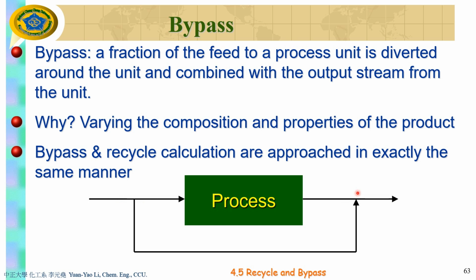So when you do the splitting point, that means the fraction will be exactly the same. The fraction of the feed stream and the bypass stream will be the same. Remember that? Okay, so here you have two inputs and one output. Here you have two inputs and one output.